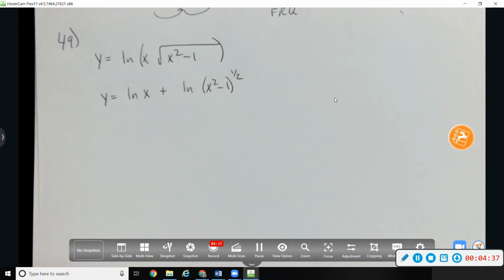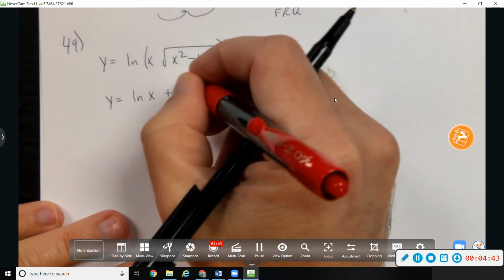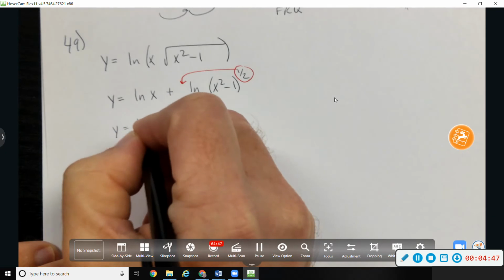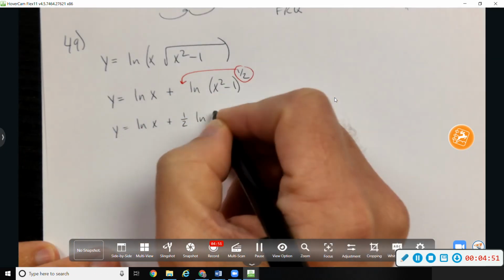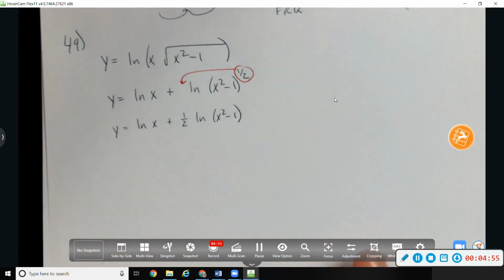Right, that's algebra rules. Then the 1/2 can come down front. That's still all algebra. I still haven't done any calculus yet.